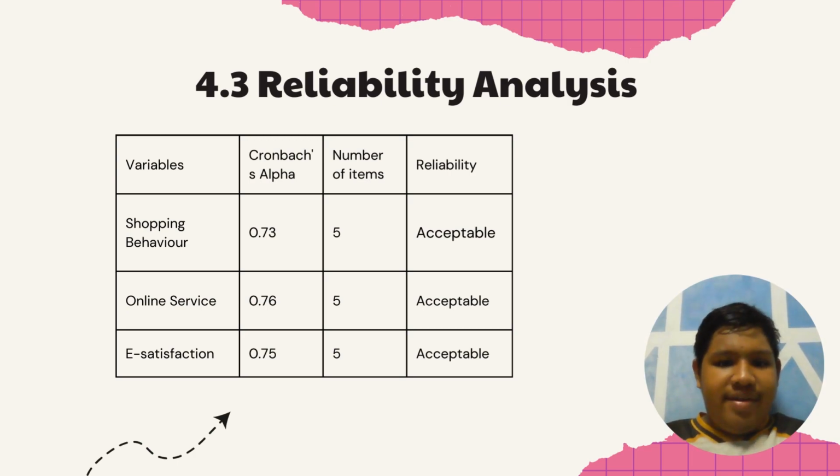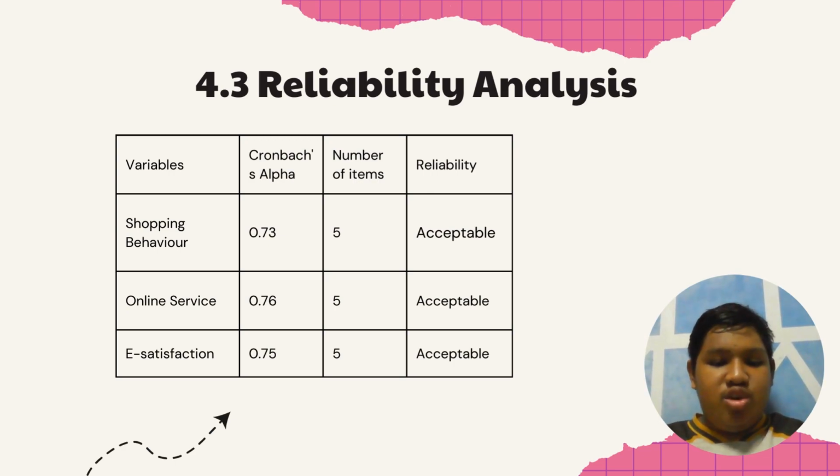Okay, for the reliability analysis, the result is shown in the table where the Cronbach's alpha reliability coefficient is determined for every variable. An acceptable degree of reliability is indicated for most of the variables when it is above 0.5, and a very good level is when it is over 0.8.